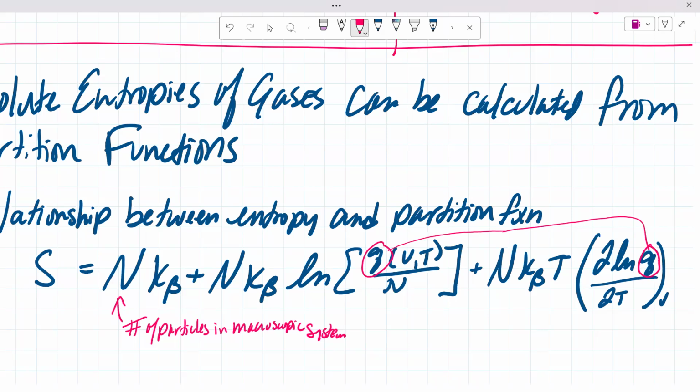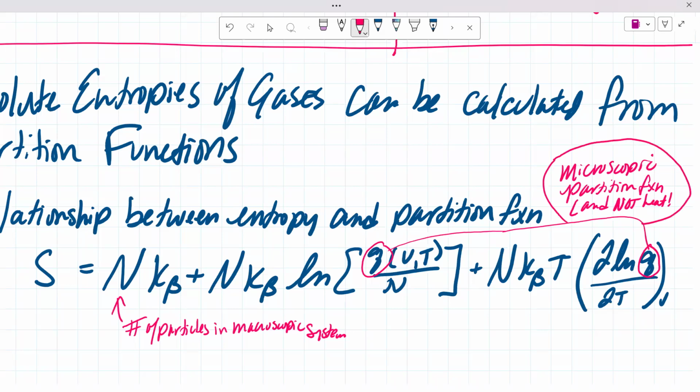This is microscopic. Very important. The meaning would be quite a bit different. Okay, this is a note about Q.